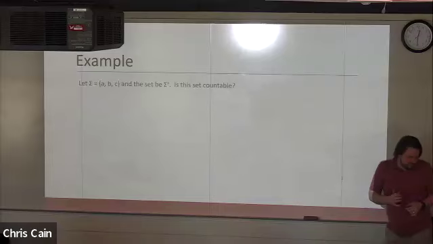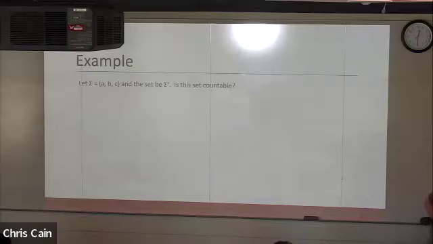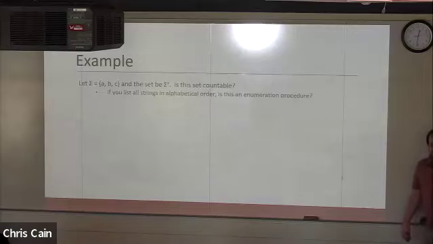So let's take a look at what it might look like. Let's start with listing all strings in alphabetical order. Is this an enumeration procedure? Meaning that for every string in this language, we eventually get to it with this procedure.